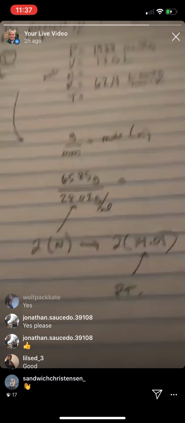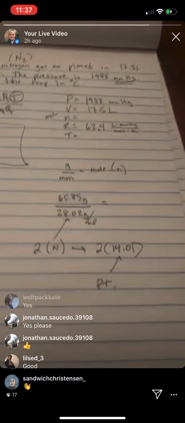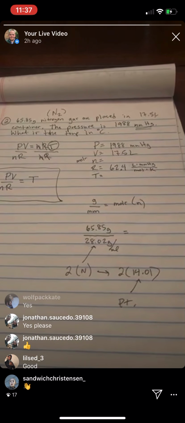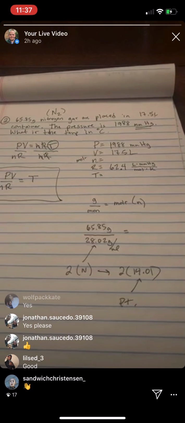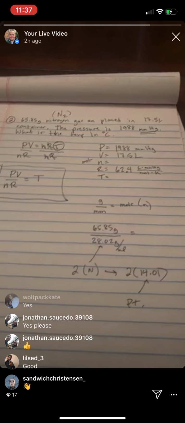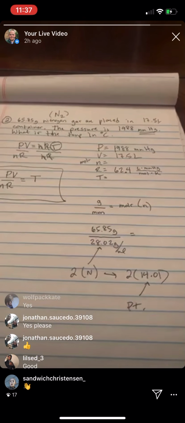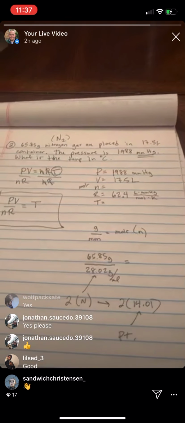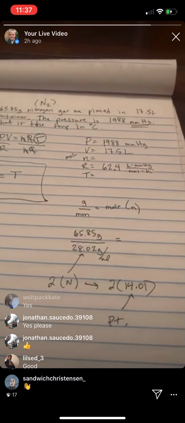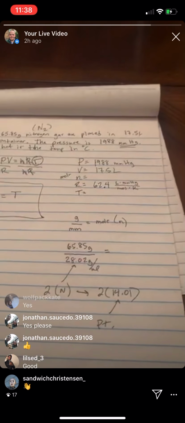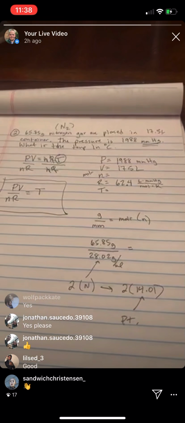All right, so if we're calculating, it's going to be 65.85 divided by 28.02.